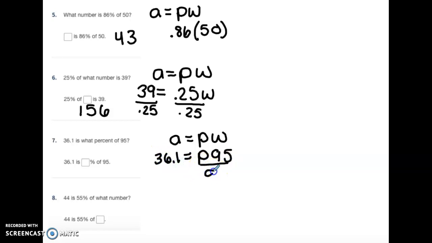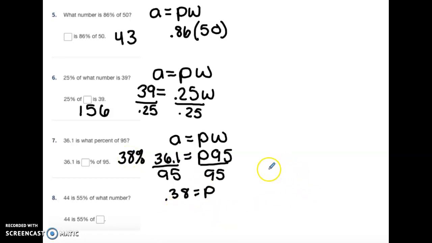All right, divide by 95 on both sides. 36.1 divided by 95 is 0.38. So 0.38 equals P. Have to change it to a percent, move the decimal twice to the right, 38%. So 36.1 is 38% of 95.